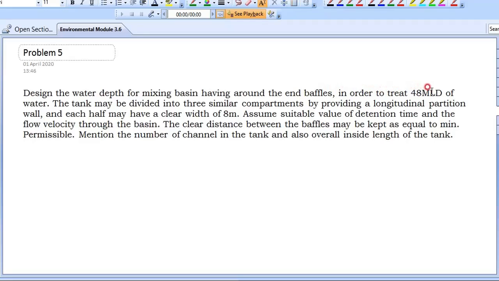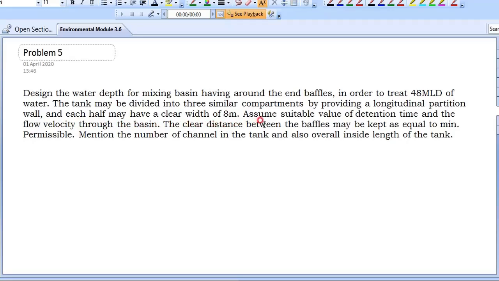In order to treat 48 MLD of water, the tank may be divided into three similar compartments by providing a longitudinal partition wall, and each half may have a clear width of 8 meter. Assume suitable values of detention time and flow velocity through the basin.